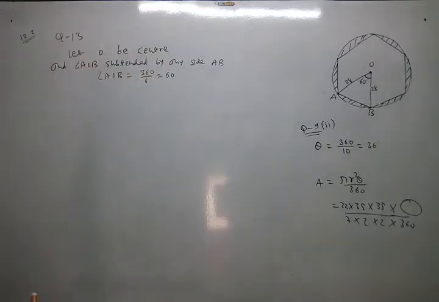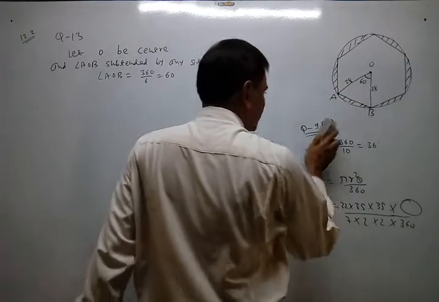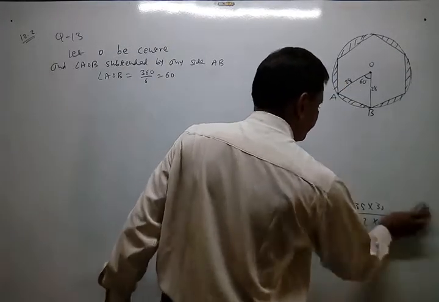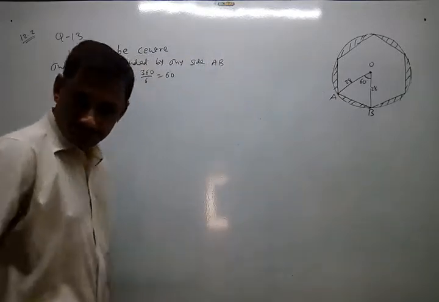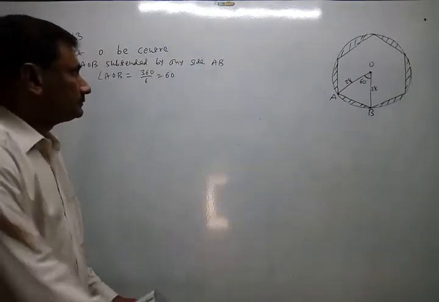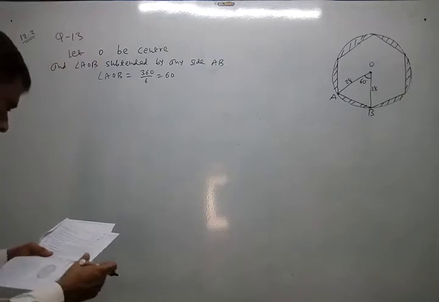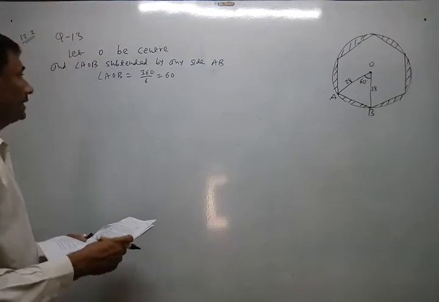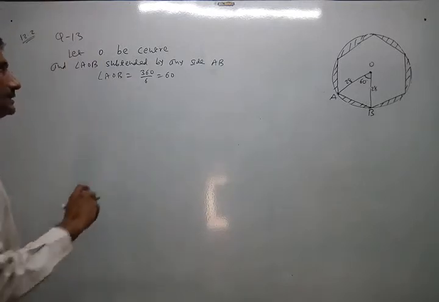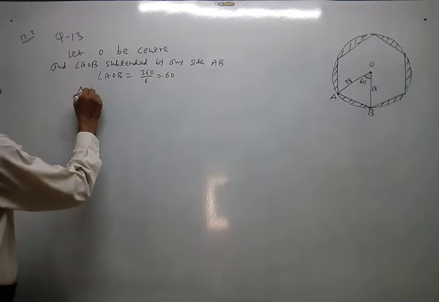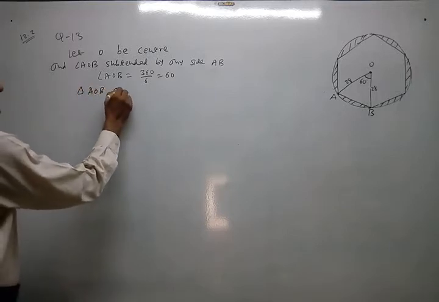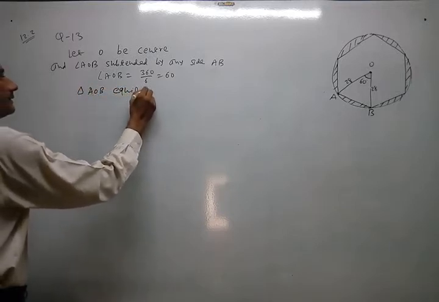Now we again come to question number 13. So this is 360, and triangle AOB is an equilateral triangle. Why?